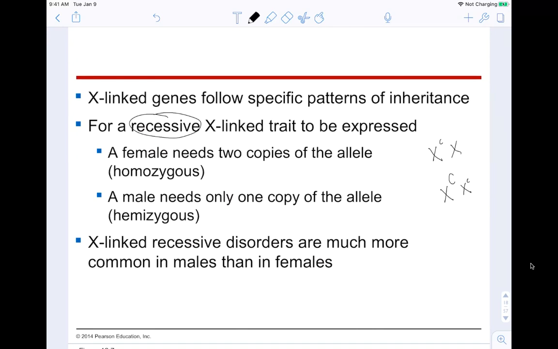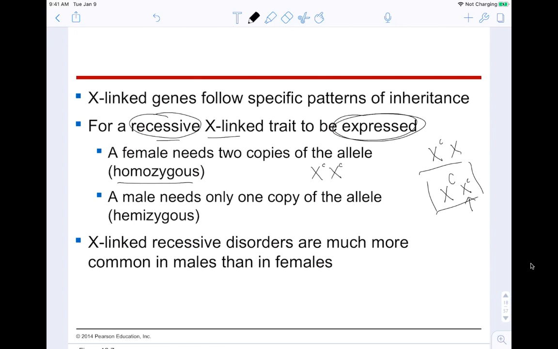So this female here would be a carrier because she has one affected copy of a recessive X-linked trait. She needs to be homozygous for it to be expressed, so she would be X to the little c, X to the little c.